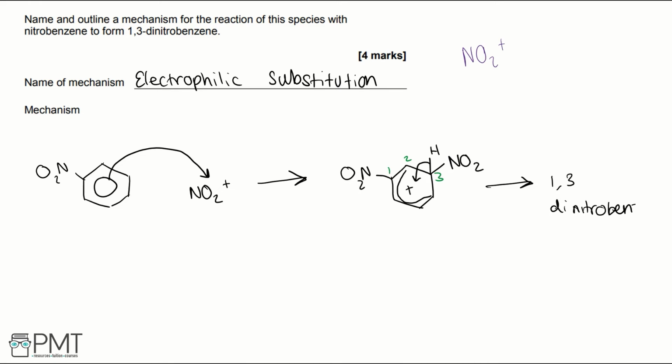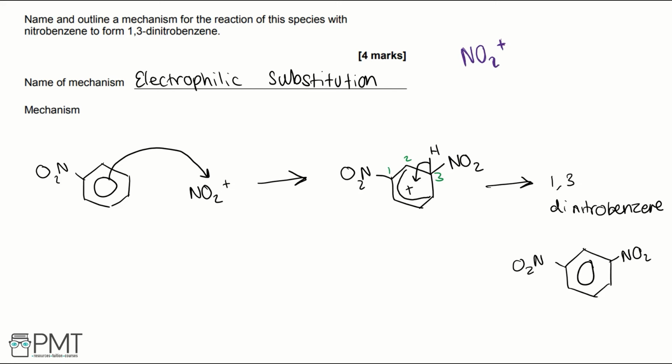So if we draw this out, we can see how the intermediate helps us to form this, where we've got our NO2 groups here, and then we reform the ring. So this is the mechanism for this question.